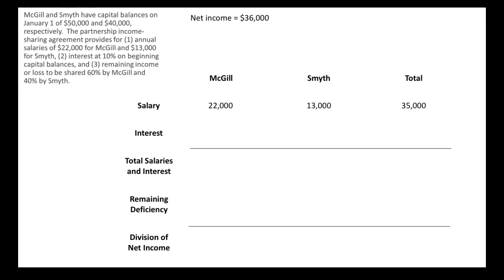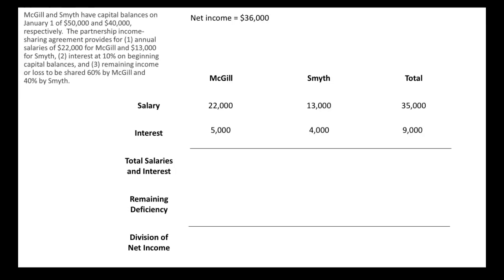Now, interest still remains the same as well. It's still 10% on the beginning capital. So McGill gets $5,000 because that's 10% of McGill's beginning capital balance of $50,000. Smith started off with $40,000 in their capital balance. So you take 10% of that, you get the $4,000. And $5,000 and $4,000 still add up to $9,000.